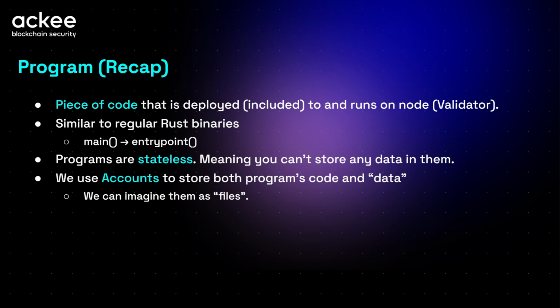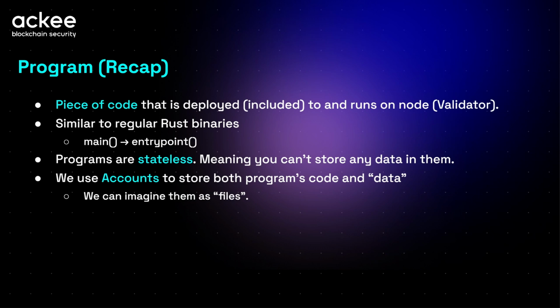If you execute the program once and then a second time, the program does not store data in itself or in some storage of the program. Everything you would like to store between program executions, you need to store within accounts, or more precisely data accounts.